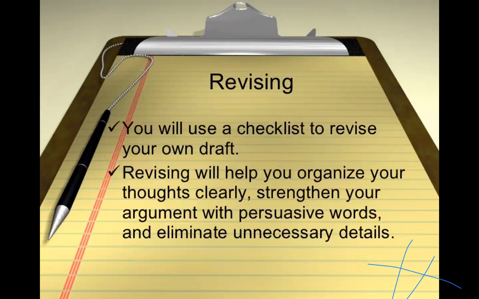Okay, now this I keep saying to all you girls every time. Revising. What is revising? You're checking whether you have done your introduction, you have done your body as the structure, and whether you have done your conclusion. Okay, you have to see whether your sentences are clear and written in a convincing way.